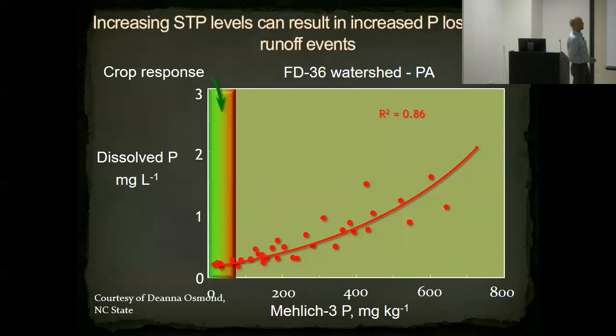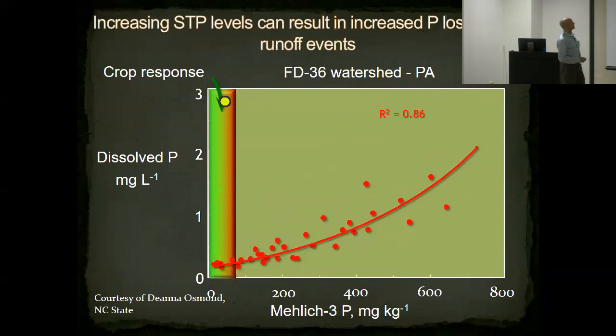So why we're concerned is that as the soil test P levels increase, this is data actually from an ARS unit in Pennsylvania from the FD36 watershed. A few of these slides, I'll talk about Deanna Osmond from North Carolina State, I've done a lot of this work with.